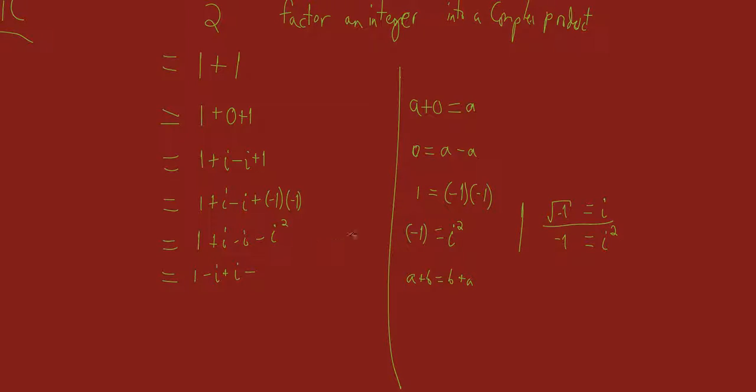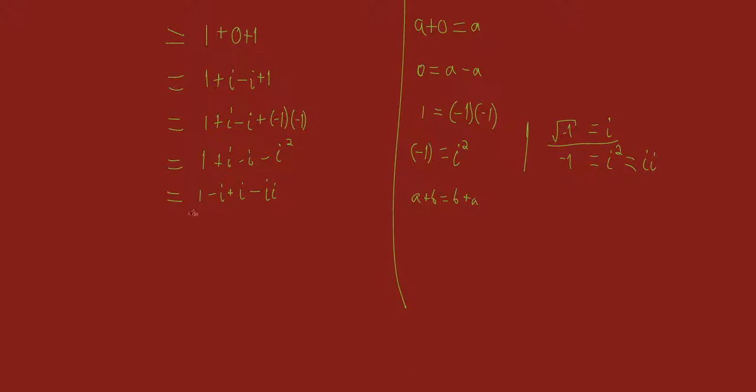I'm actually going to change the I squared into I. Just another way of writing it, but you'll see a structure a little better if I do it that way. So this part is very interesting because it is the property you have with multiplication and addition or subtraction.